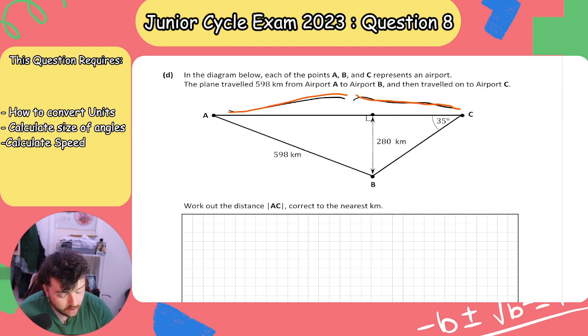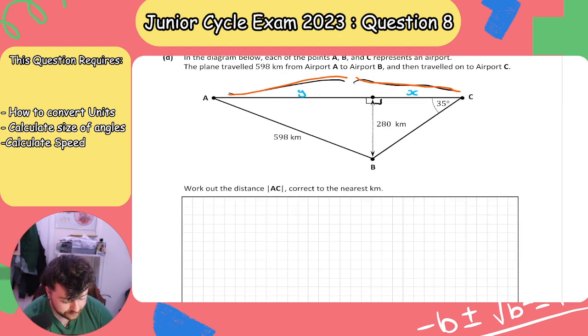I now have two right angle triangles in front of me. So I'm going to find this distance here, then this distance here, and when I add them together, it will give me AC.